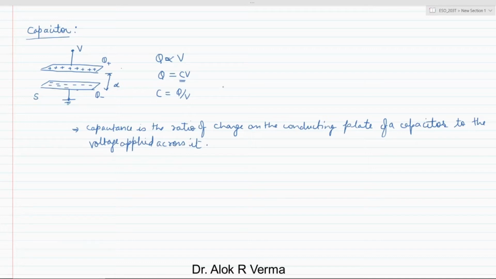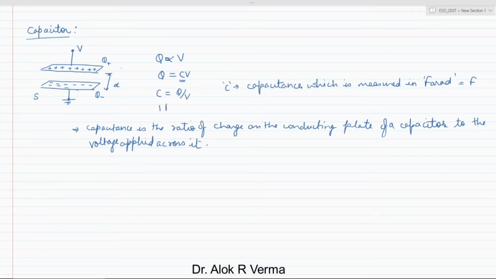So C is the capacitance, which is measured in farad. From here you can see 1 farad is basically 1 coulomb per volt.